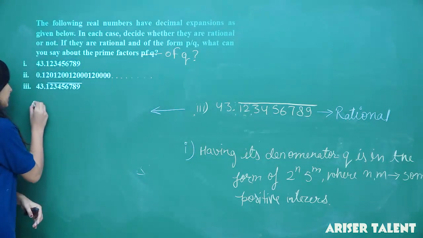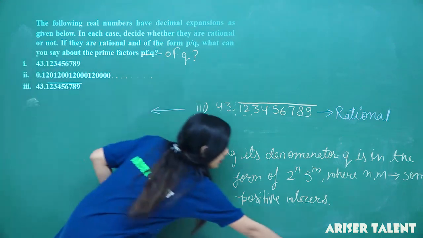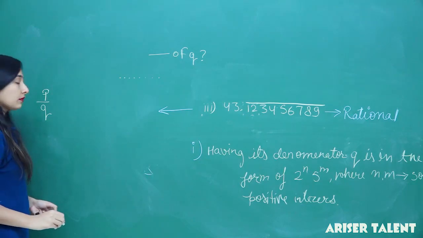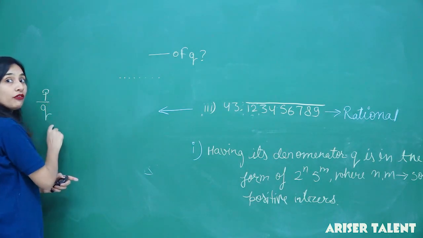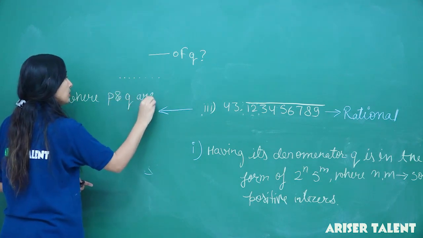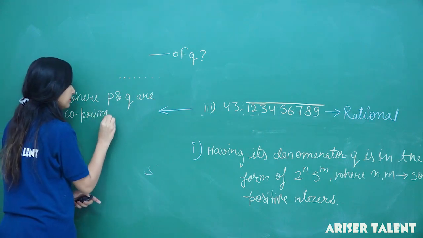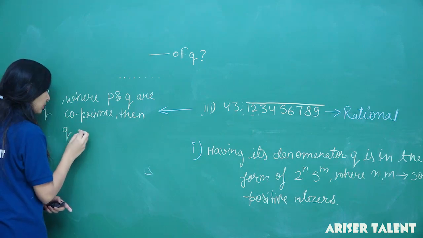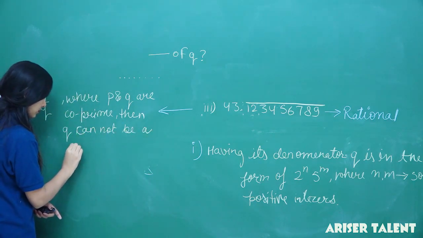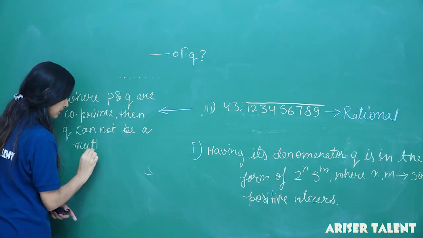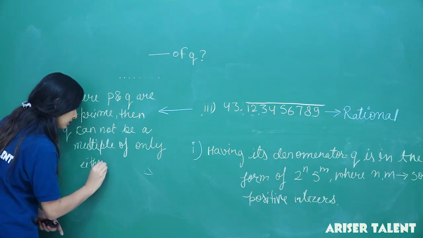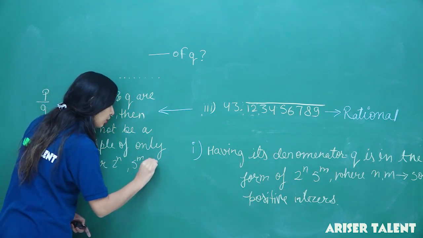So if we write this expression in the form of P by Q, where P and Q are co-prime, then Q cannot be a multiple of only 2 raised to power n, 5 raised to power m, or both.